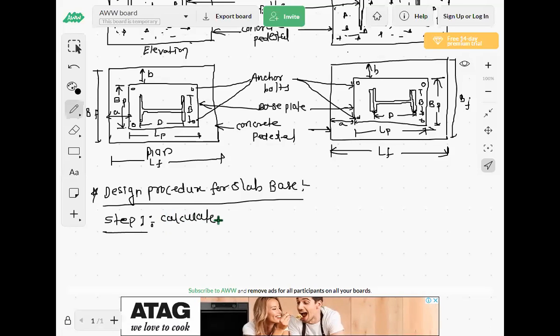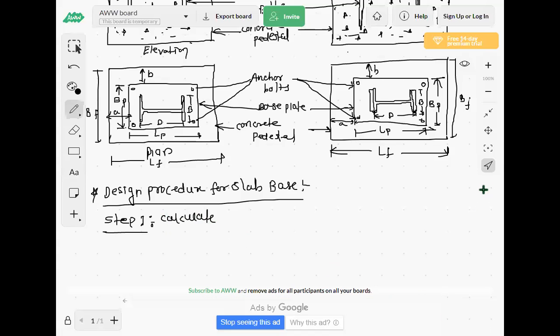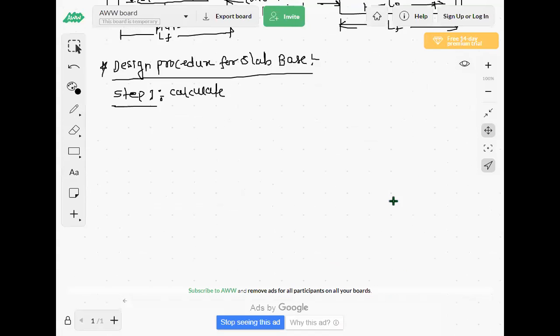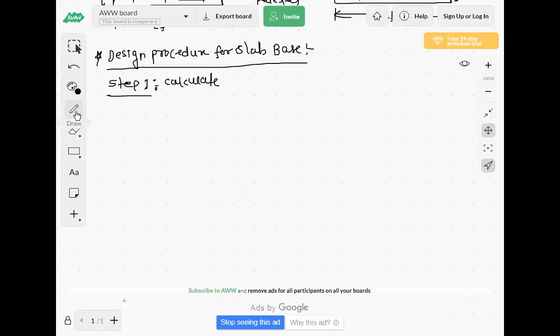Okay, so now step 1: calculate the bearing strength of concrete.